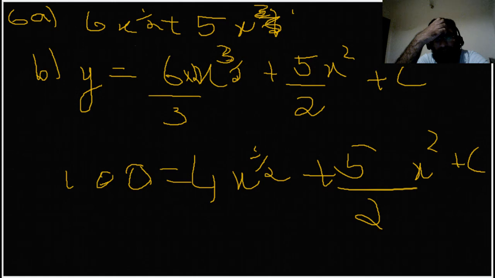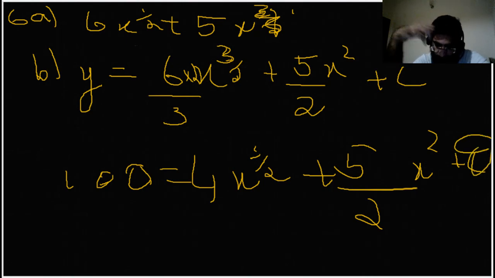Answer minus 100. Sir, it's minus 421 by 2. Correct. So you get the point. y is equal to 4x raised to the power 3 by 2.